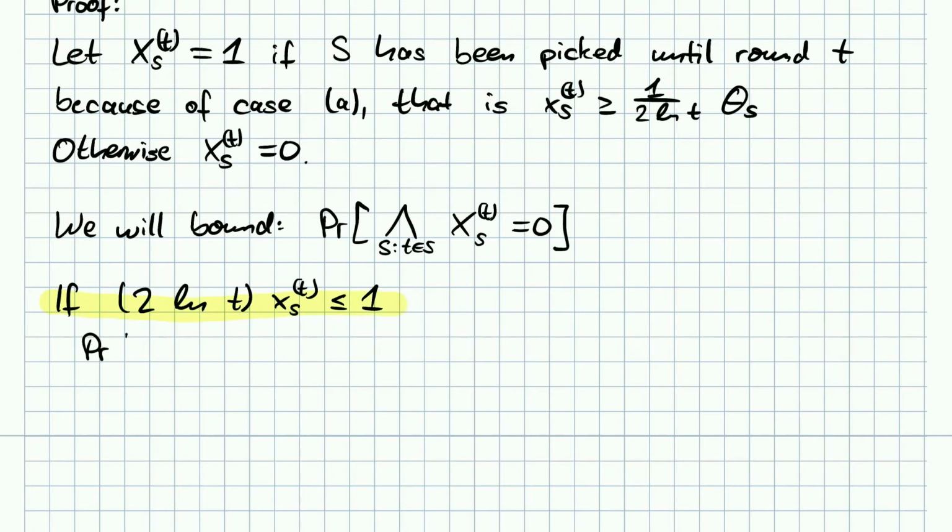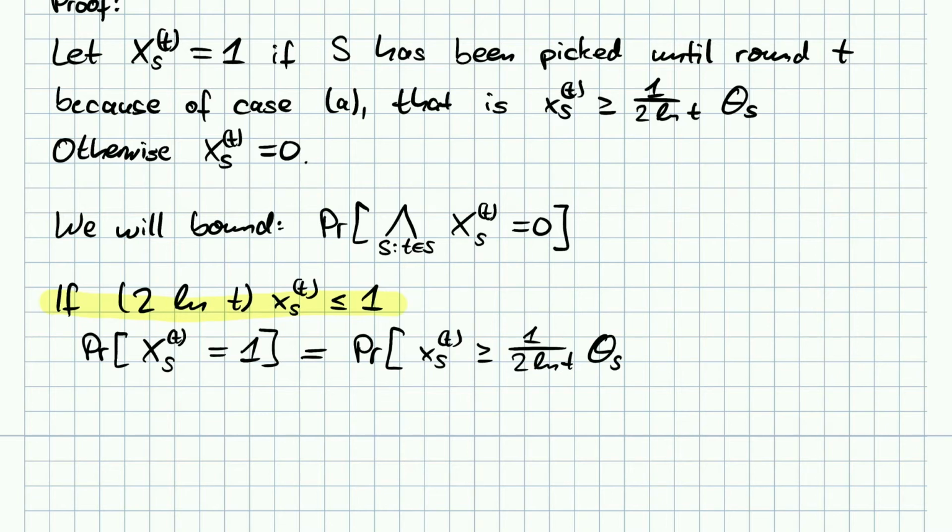What's then the probability that capital X_{S,t} is equal to 1? Well, this is exactly the probability that small x_{S,t} is at least 1 over 2 times ln t times theta_S, or in other words, that theta_S is at most 2 times ln t times x_{S,t}.